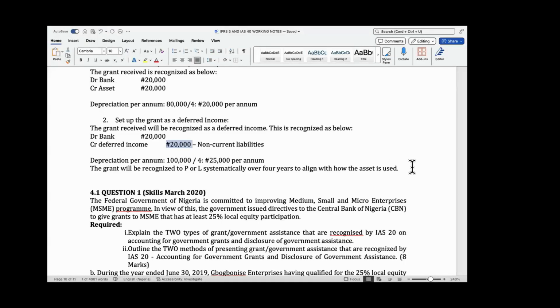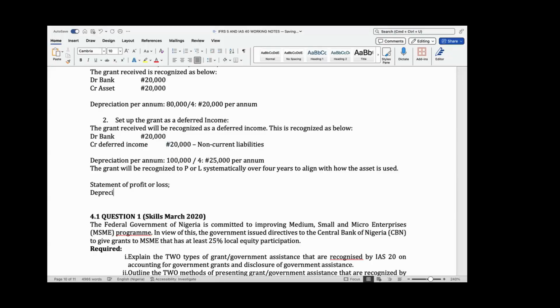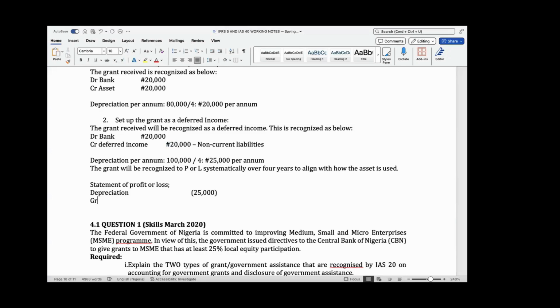So, you see, the way it works is this. In my statement of profit or loss, I will have depreciation expense, 25,000. I'll have grant income, that will be 5,000.